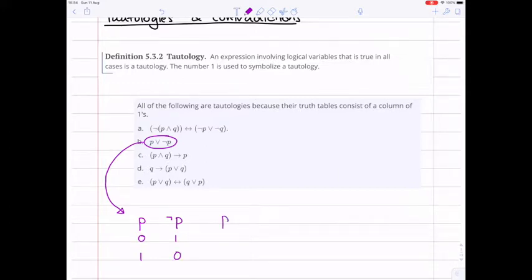And if we combine these with OR, well, if P is false and not P is true, combining them with OR is going to be true. And if we combine a 1 and a 0 with OR, that's going to give us true as well. So this is a tautology.